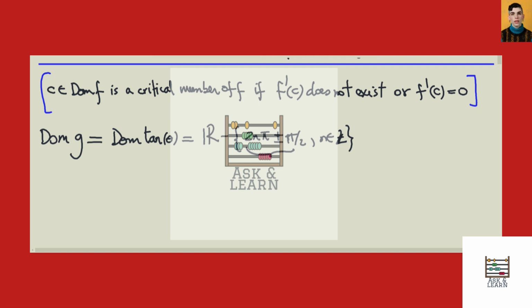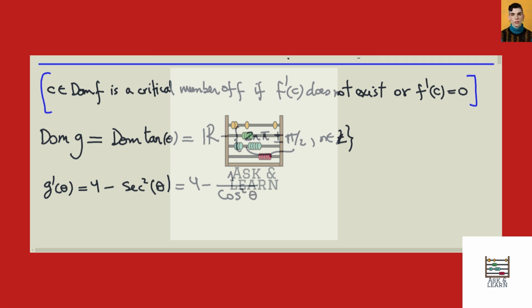Then we have to find the derivative of g. We see that that's equal to 4 minus secant square of theta, and that's the same as 4 minus 1 over cosine square of theta.